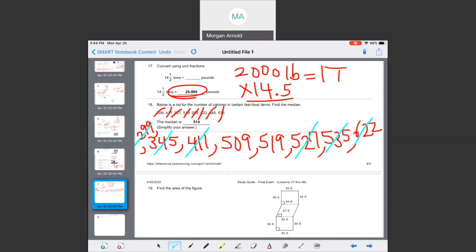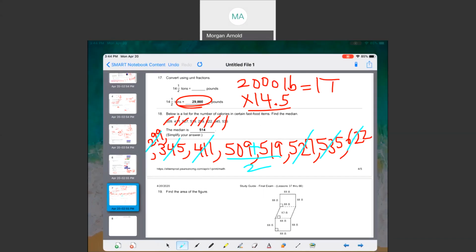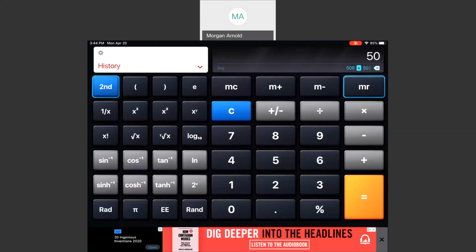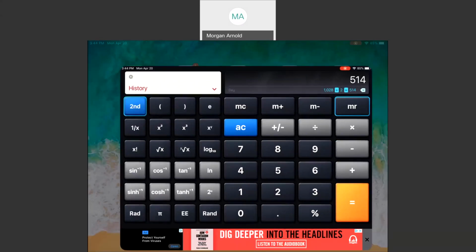And taking the average is simply adding them together and dividing by 2. So let's do that here on our calculator. And then divide by 2. So 514 is our true median.